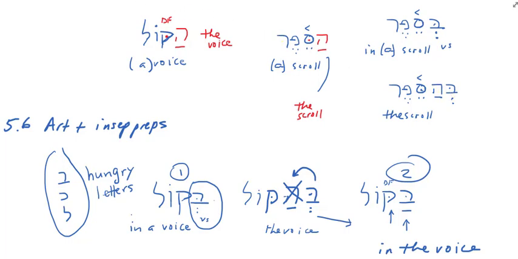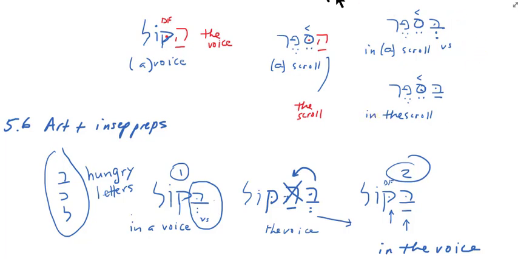Bet is going to swallow the hay, and then the bet is going to slide over and take the hay's place. Once the bet is taking the hay's place, it is going to let go of the vocal shva it had, but its vowel pointing will now be the vowel pointing of the article hay. Pathak under it, dagesh forte inside of it. So now this will be translated in the scroll.